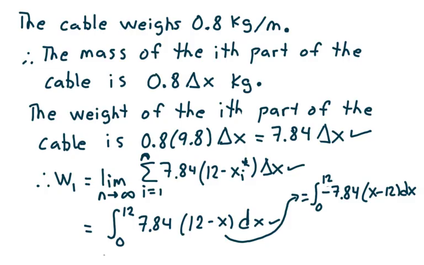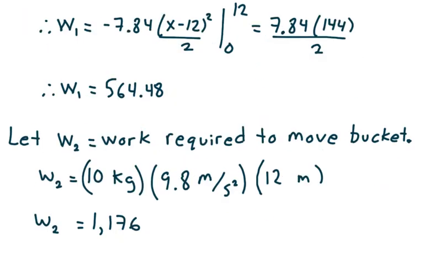Now, if I integrate that, we get negative 7.84 times x minus 12 to the second over 2, evaluated from 0 to 12. And when I evaluate this, I get 7.84 times 144 over 2. And so therefore, W1 is equal to 564.48.